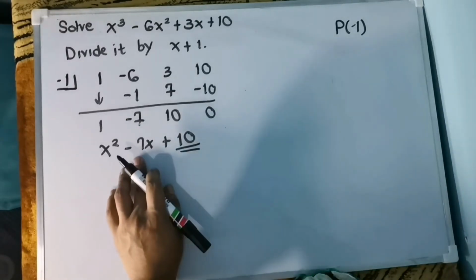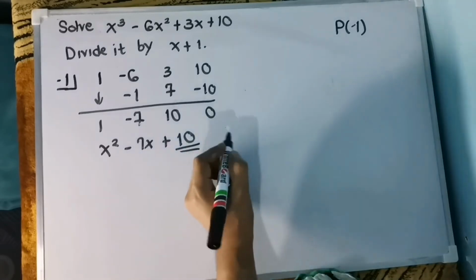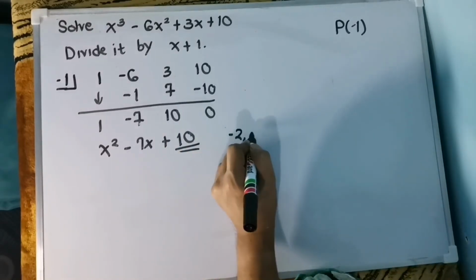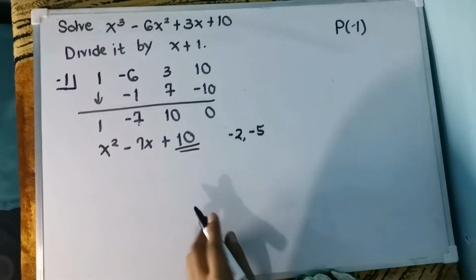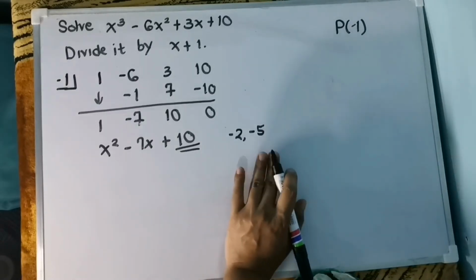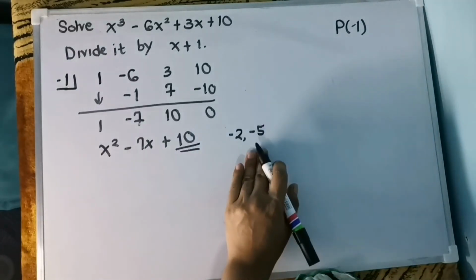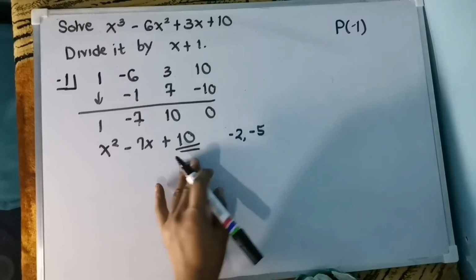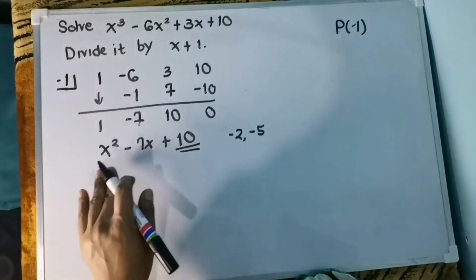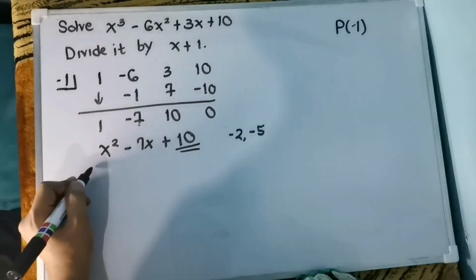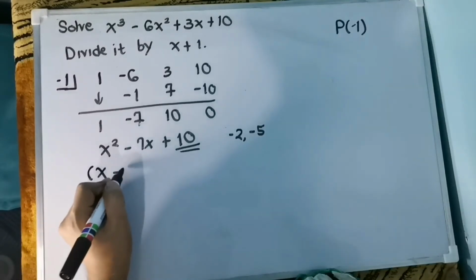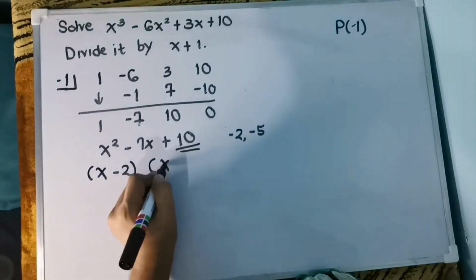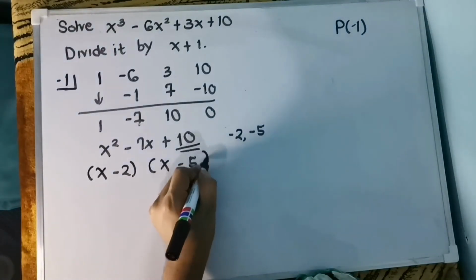Since ang ating middle term ay negative 7, that is negative 2 and negative 5. Kasi ang sum ng negative 2 at negative 5 ay negative 7, kapag pinag-multiply natin to, ang makuha natin ay 10. So, therefore, the factors of x squared minus 7x plus 10 ay x minus 2 and x minus 5.